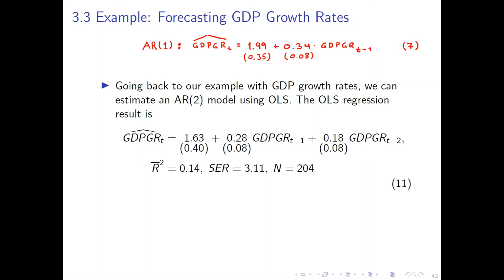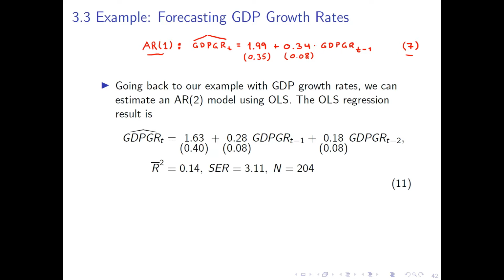To continue our example, we are forecasting GDP growth rates. And some videos ago, we had equation 7, which was an AR1 model, which means that we are explaining the growth rate in GDP by a one lag model.